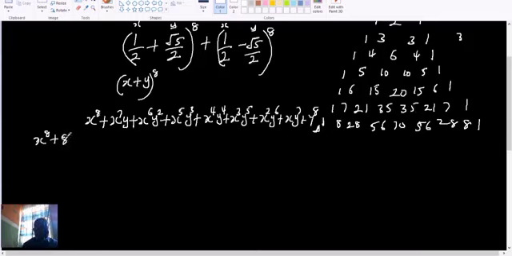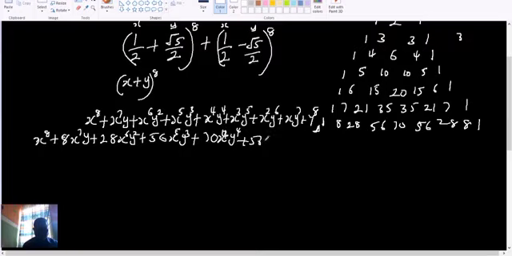So you will have 8x raised to power 7 y, plus 28x raised to power 6 y squared, plus 56x raised to power 5 y cubed, plus 70x raised to power 4 y raised to power 4, plus 56x raised to power 3 y raised to power 5, plus 28x raised to power 2 y raised to power 6, plus 8x y raised to power 7, plus y raised to power 8.